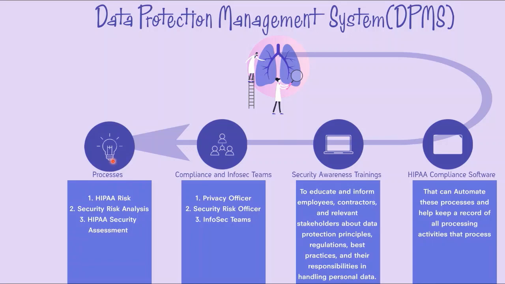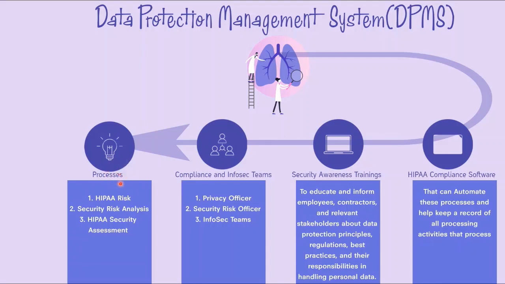Then approval processes. An organization would need to have certain approval processes in place where if any project wants to handle or process personal health information, then they need to get approval from security and privacy teams before going ahead, before going live.